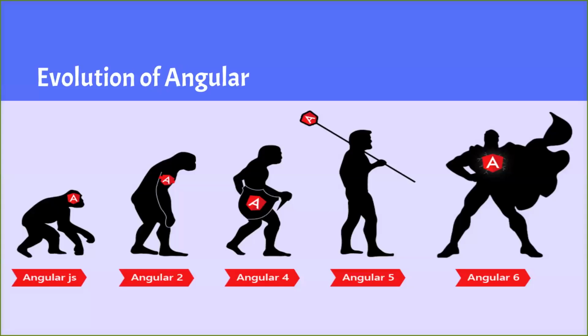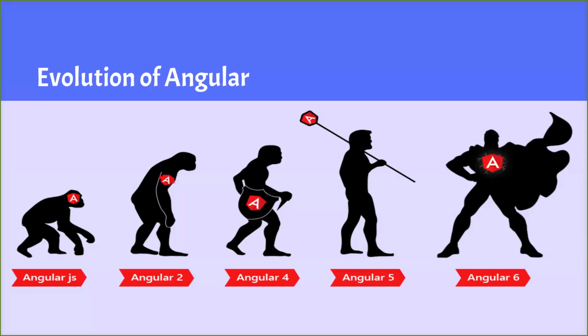In the next slide, this is basically the evolution of Angular. It started as AngularJS in 2009, then Angular 2, then 4, then 5, then 6, then 7, 8, and 9. Angular releases a new version, I think, every 6 months, and there are changes that come with each new version. For example, at one time they introduced reactive programming.